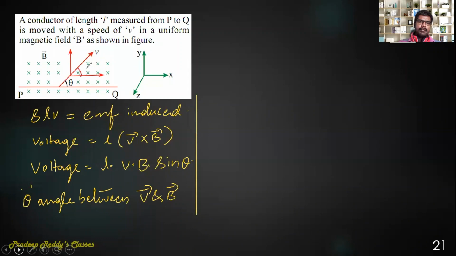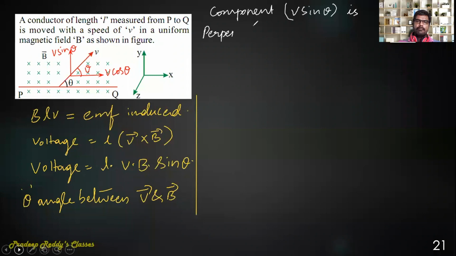This component you can write as V cos theta, and this component you can write as V sin theta. Component V sin theta is perpendicular to the length of the conductor.